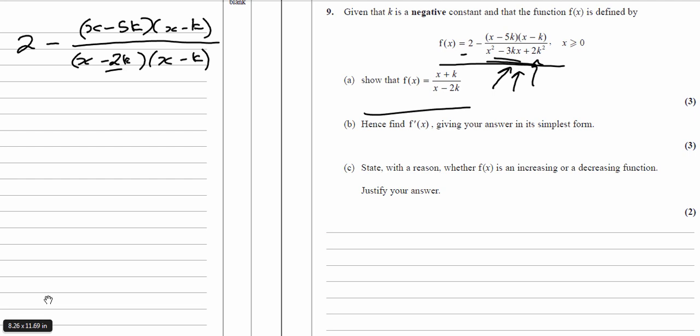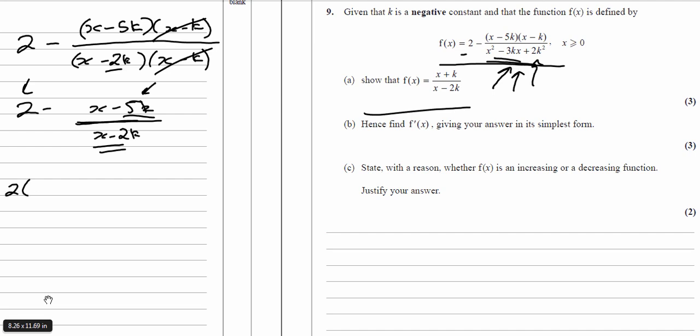So you get this. And we can see, because all these questions are very, very similar, you've got to factorise either the top or the bottom, and then you can cancel out. So we've got that. But now we've got 2 minus x minus 5k over x minus 2k. So in order to have a number take away or add a fraction, we need to have a common denominator. So we're going to times the top and the bottom on the left there by x minus 2k.